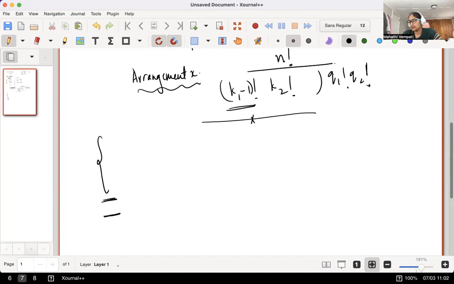First thing is these q1 factorial, q2 factorial terms will take up some space. So all the non-primes will take up some space. So whatever is left is the primes. Let's call the remaining slots M. There are M slots left, and in those M slots you have primes.